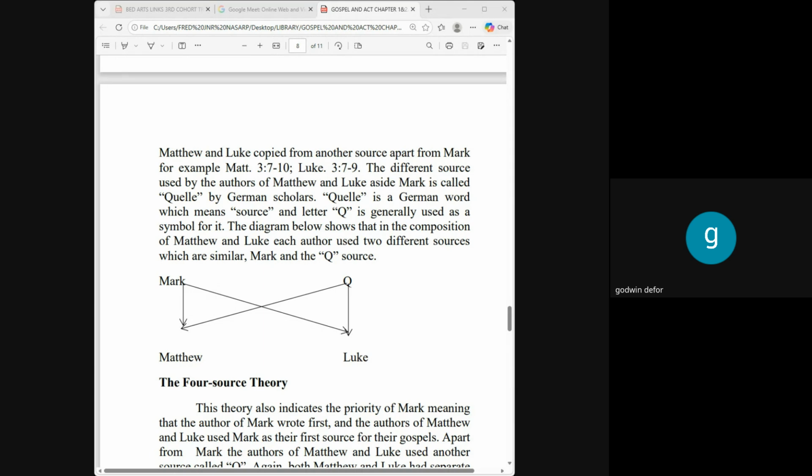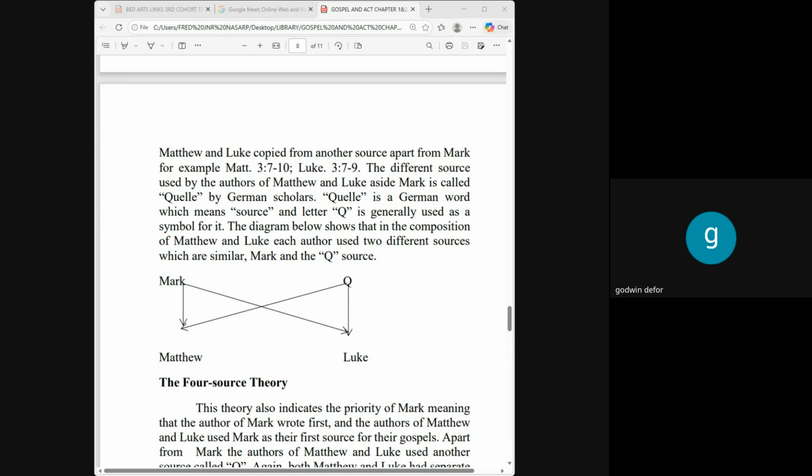Okay, we are doing academic work. And one beauty of academic work is research work. We research before you report. So the scholars that are talking about this, that the Q is a German word, they did a kind of research work before they wrote.